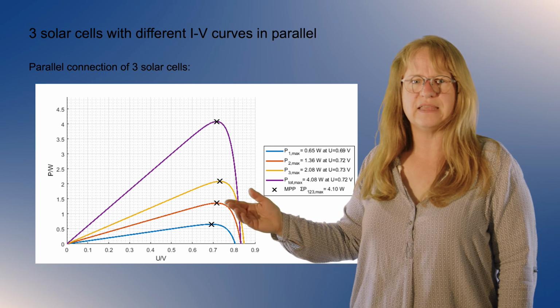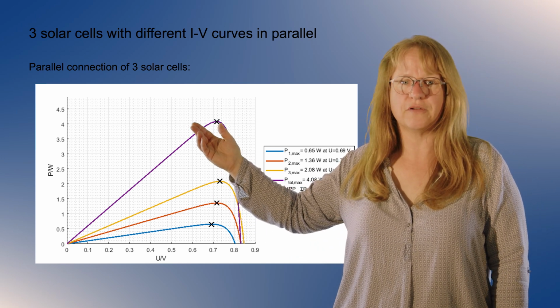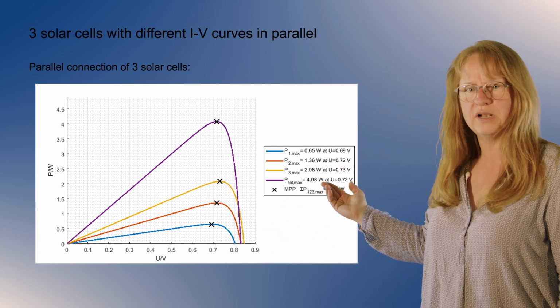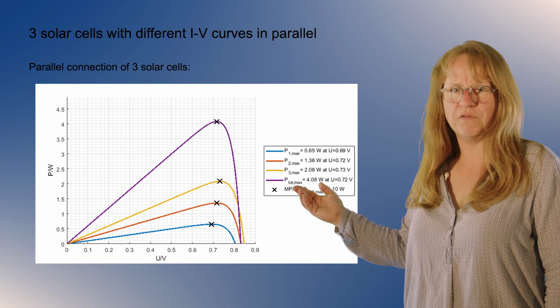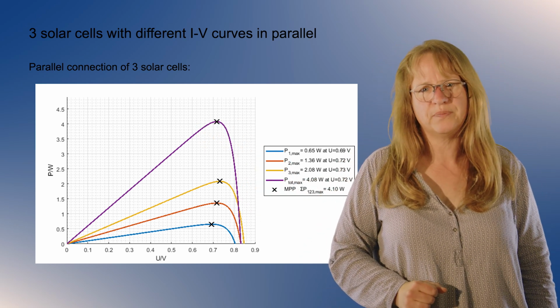And now we see that we want to run the overall parallel connection of the solar cells here at this voltage of 0.72 volts. That's where the maximum power point is, and we get a maximum power of 4.08 watts at this maximum power point here.